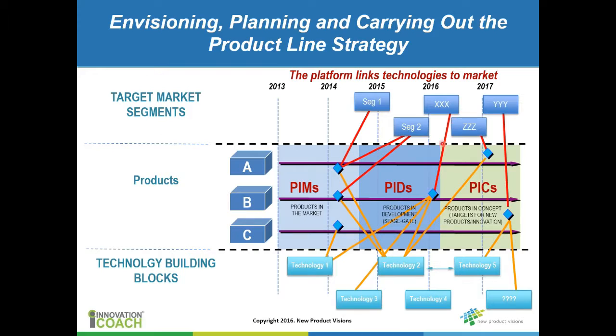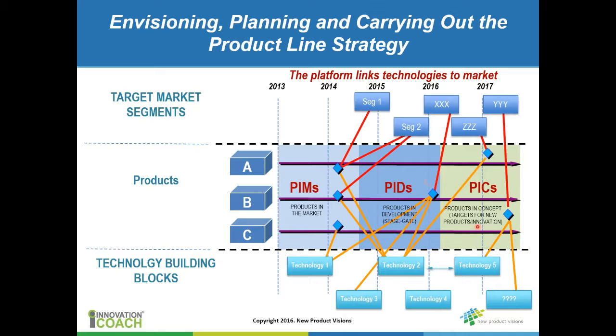Another way to look at that is to look at this chart, and the fact that what we're talking about is envisioning, planning, and carrying out a product line strategy. In the middle here, you've got your existing product lines, and again, you've got products in production right now that are generating your revenue. You've got things in development that you're counting on to continue to grow that revenue.